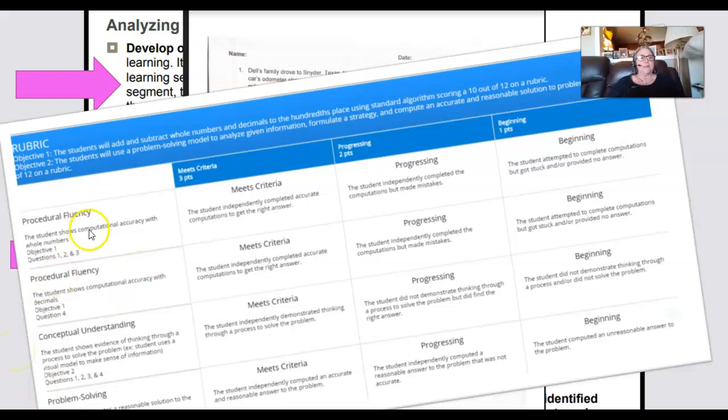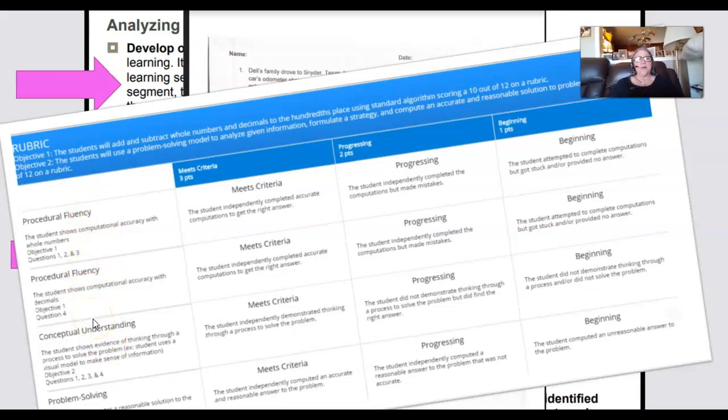She's made her evaluation criteria based on procedural fluency, conceptual understanding, and problem solving. She's thought about what it's going to look like for each of them to meet the criteria, what it would look like if they're progressing toward it or a beginner. She's indicated the objectives up here that she's assessing, and then she indicates which of these mathematical understandings is aligned with which objective and which question number.